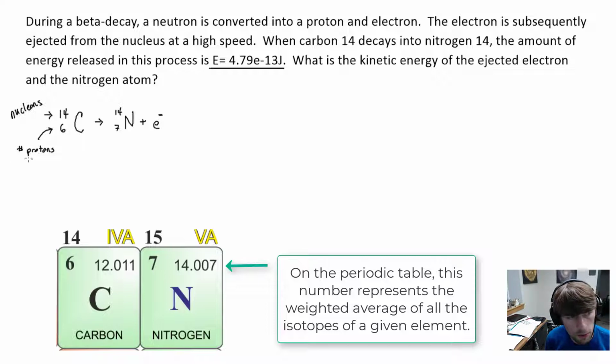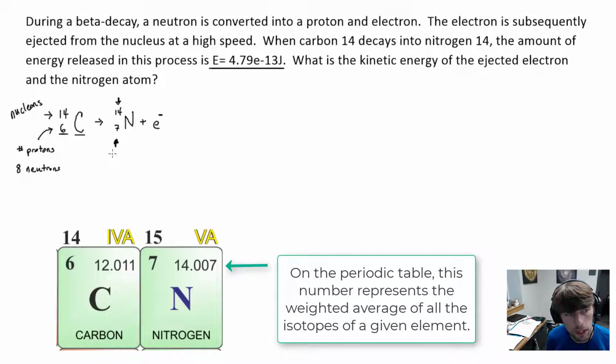So knowing the number of protons and the number of nucleons, you can see immediately that in the carbon-14 atom, there's 8 neutrons. Now I say redundant because if you know that it's carbon, you know that it has to have 6 protons right away. Ask a chemist, not me. Now over here, you notice that the number of nucleons stays the same, 14, but the number of protons has increased by 1.